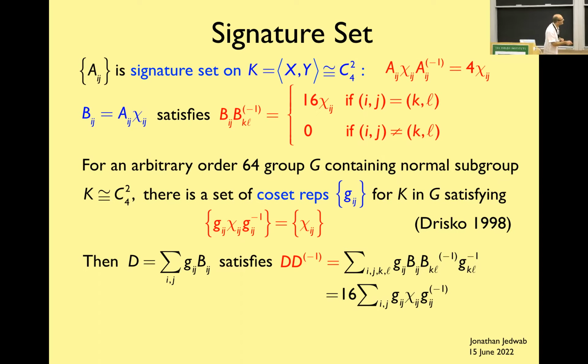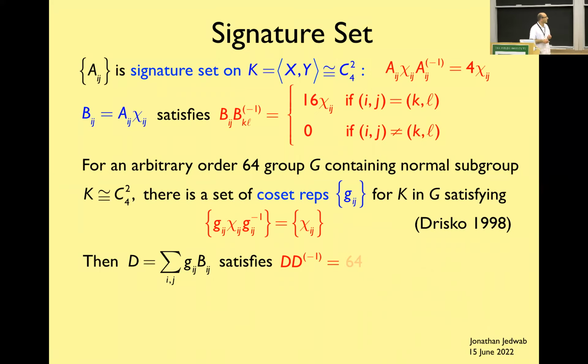I suppose it's the same thing, but that should say inverse. My mistake. That g_ij inverse does not necessarily pass through the chi_ij because the group is not necessarily abelian. But this set is equal to this set. So that sum is equal to the sum of the chi's, and away we go as before.